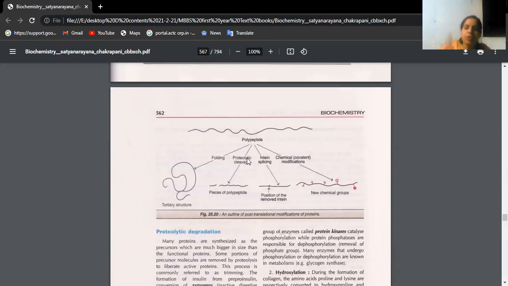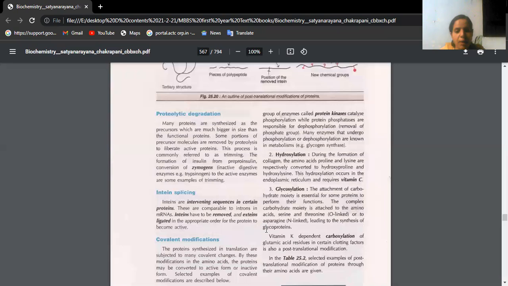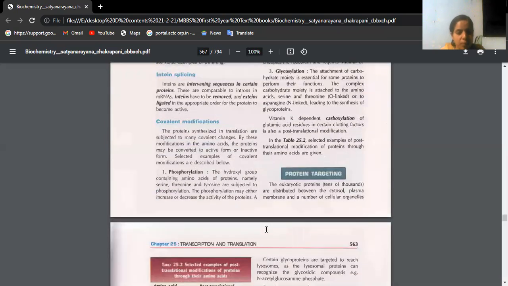There may be proteolytic cleavage, that is, pieces of the polypeptide, and intein splicing, like exons and introns splicing earlier. The same mechanism is seen here. Then covalent bonds and new chemical groups are added. Read this in detail because it is very important.